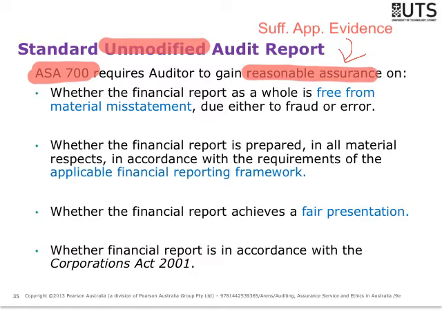Okay? So in order to provide an unmodified report, we need to have enough evidence, first and foremost, right, to have reasonable assurance. We then want to make sure that the financial statements are free from material misstatement. So that means no issues in policies, estimates, or disclosures.